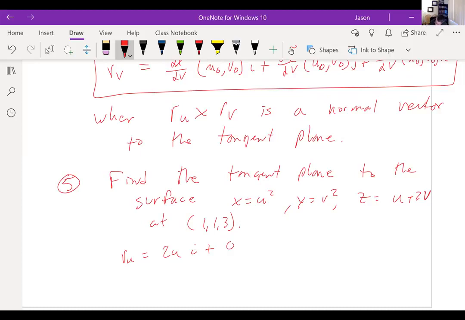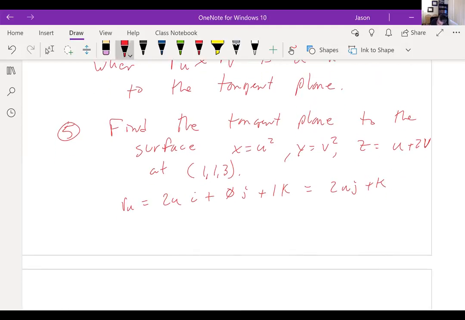Well, that's just 0, because there is no u. That's just v squared. So 0j, plus the partial of z with respect to u, which is just 1k. So r_u is 2u i plus k.